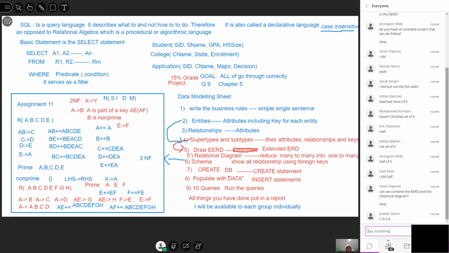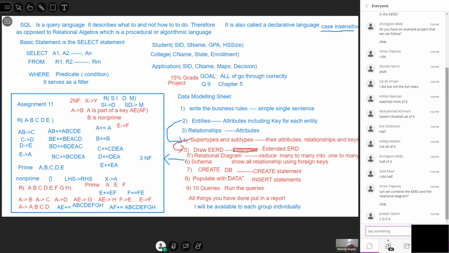Now in this case, let me explain this also. If we take SI and find its closure, what do we get? SID, and because we have SD, therefore we'll get M. What's the closure of SI? SIDM. And what's the closure of SD? SDM. We can write it down here.